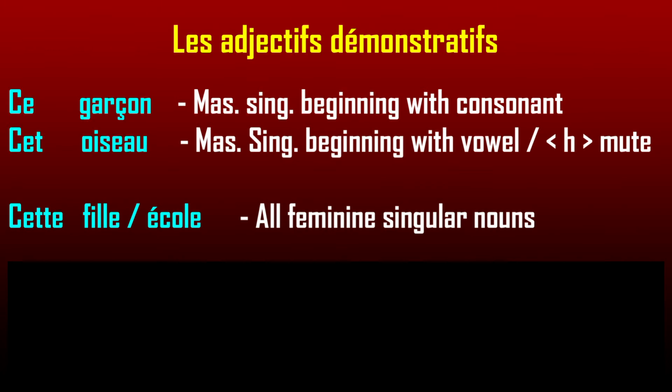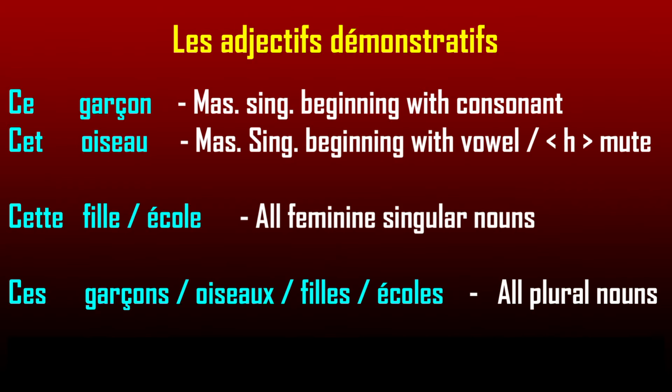What's the meaning of cette fille? This girl or that girl. What's the meaning of cette école? This school or that school. The demonstrative adjective cette, C-E-T-T-E, is used for all singular feminine nouns.